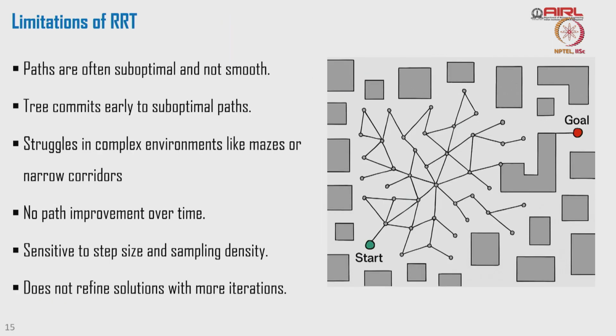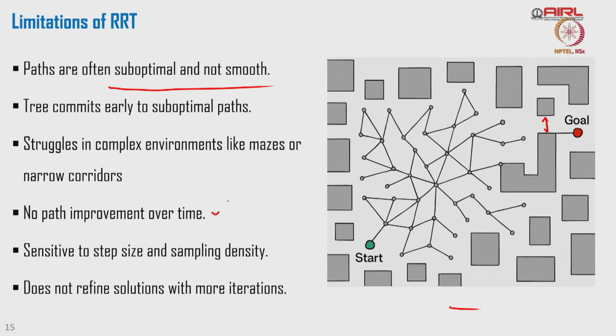Okay. So, what are the limitations of RRT? Paths are often suboptimal and not smooth. The tree commits early to suboptimal paths because the check for optimization is not there. It struggles in complex environments like mazes or narrow corridors, something like this sometimes, where the goal can be reached here only after you cross a narrow passage. Okay.